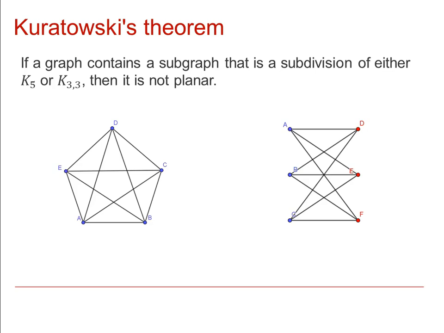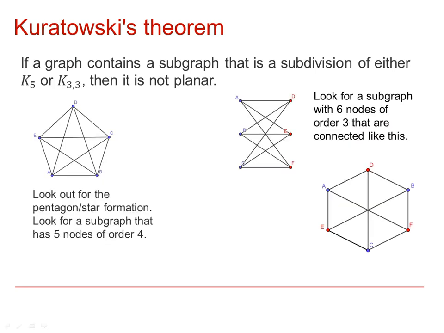So looking for these subgraphs is the key to Kuratowski's theorem. If we can find them, then the graph itself is not planar. And if they aren't there, then the graph must be planar. So what we're looking for is these patterns.